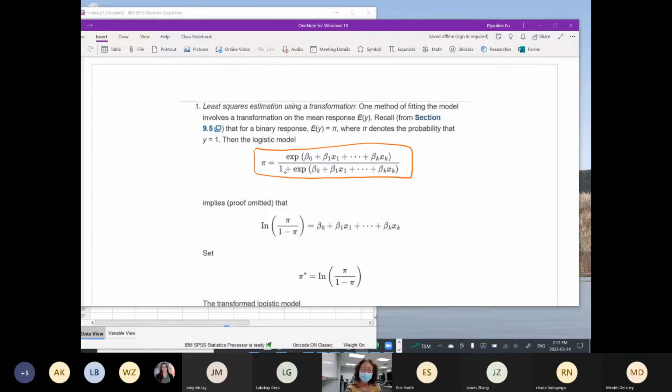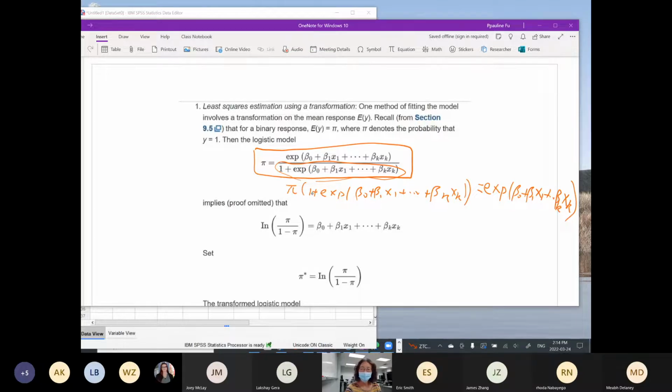If we move the bottom to the right, we get pi times (1 plus exp(beta 0 plus beta 1 x1 plus ... plus beta k xk)) equal to exp(beta 0 plus beta 1 x1 plus ... plus beta k xk) on the top. So we just rearrange that.